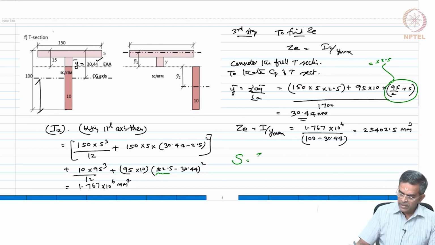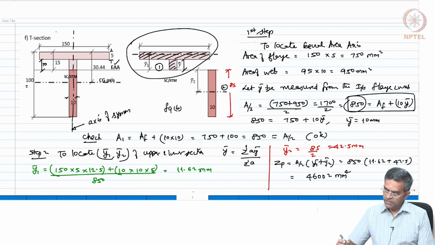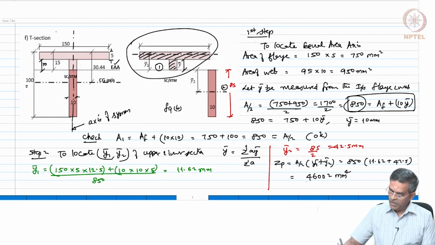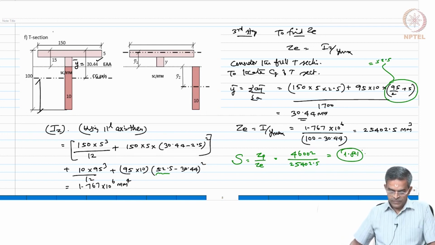Shape factor S will be Zp by Ze, which will be... Sorry, Zp will be 46002 divided by 25402.5, which will be 1.81, pretty high number, okay, 1.81.